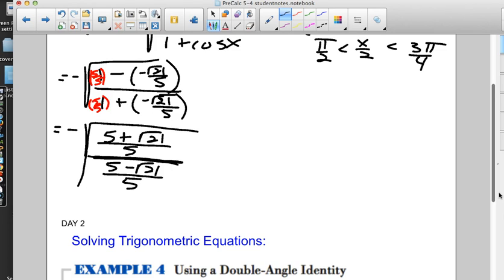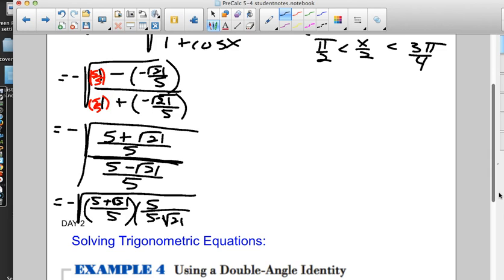So we can see there's 1 fraction over 1 fraction. Well, that's a little helpful. What we need to do is multiply by the reciprocal. So we can get just one fraction underneath there, so that'll be negative square root of 5 plus the square root of 21 over 5 times 5 over 5 minus the square root of 21.